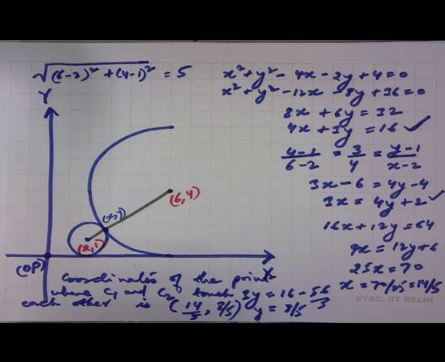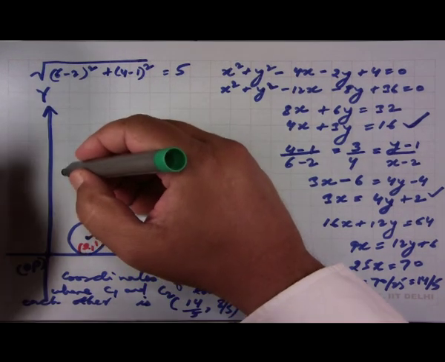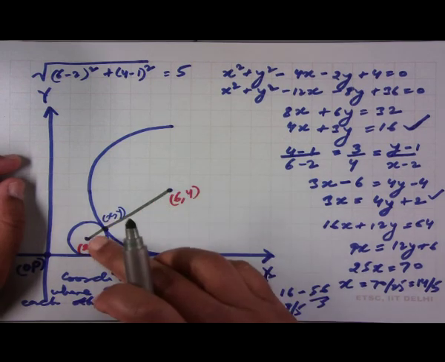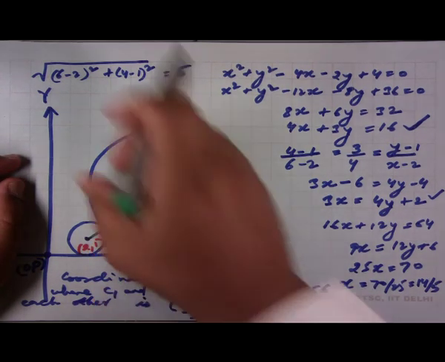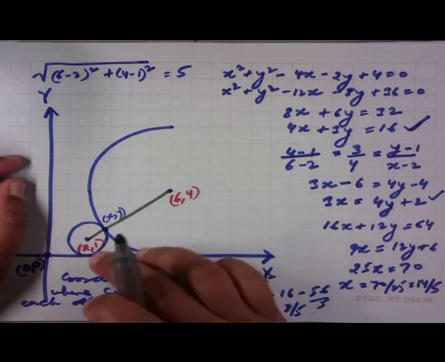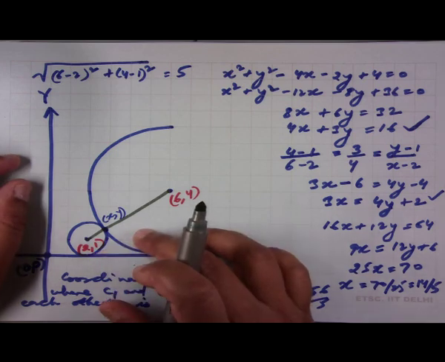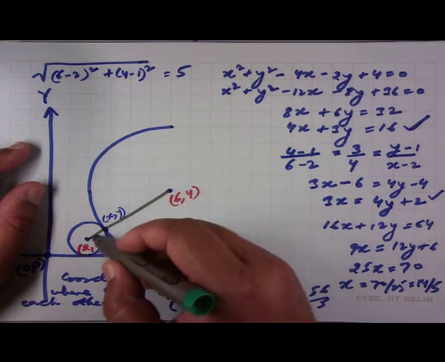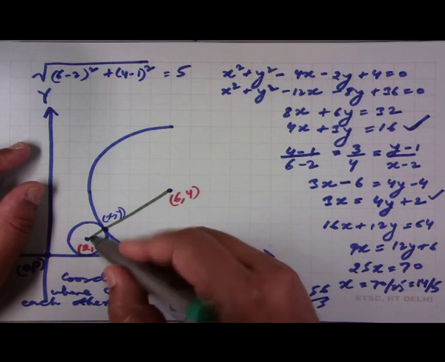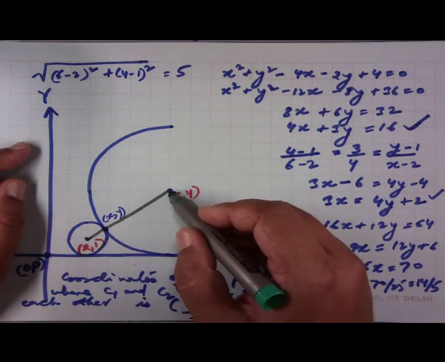So, let me draw it. The transverse common tangent is basically a tangent like this, which is a tangent to both the circles. So, the same tangent is a tangent for this first circle as well as for the second circle. Obviously, that has to be perpendicular to this line joining the two centers of the circle.